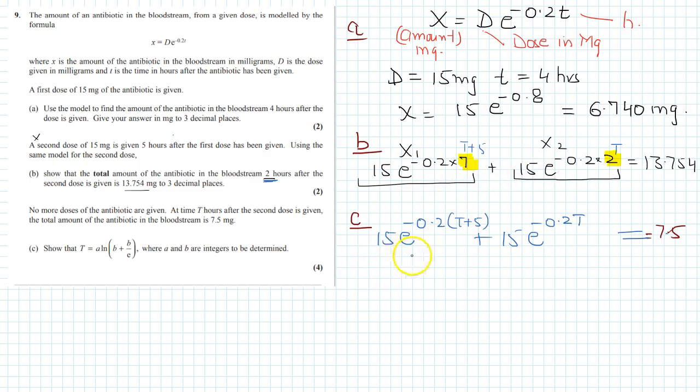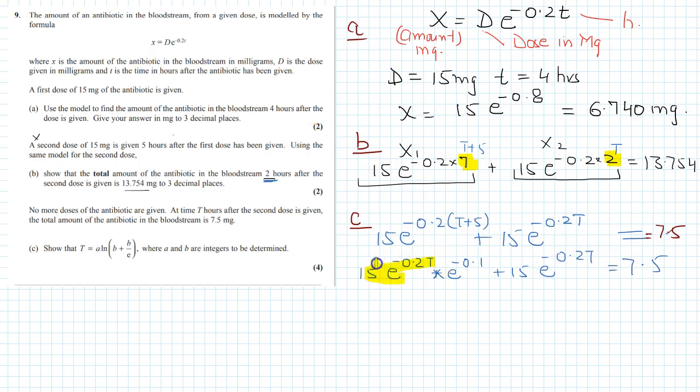So that is 15 e to the power minus 0.2 t multiply e to the power minus 0.2 times 5, that is minus 1.0, plus 15 e to the power minus 0.2 t is equal to 7.5.